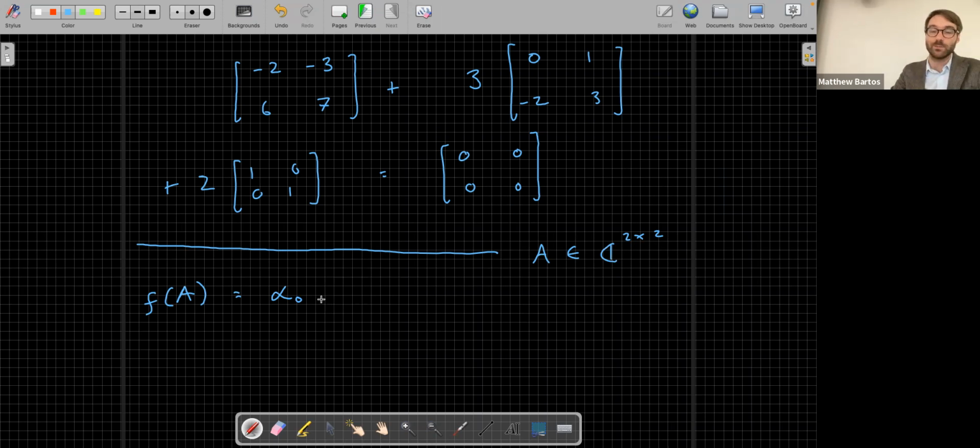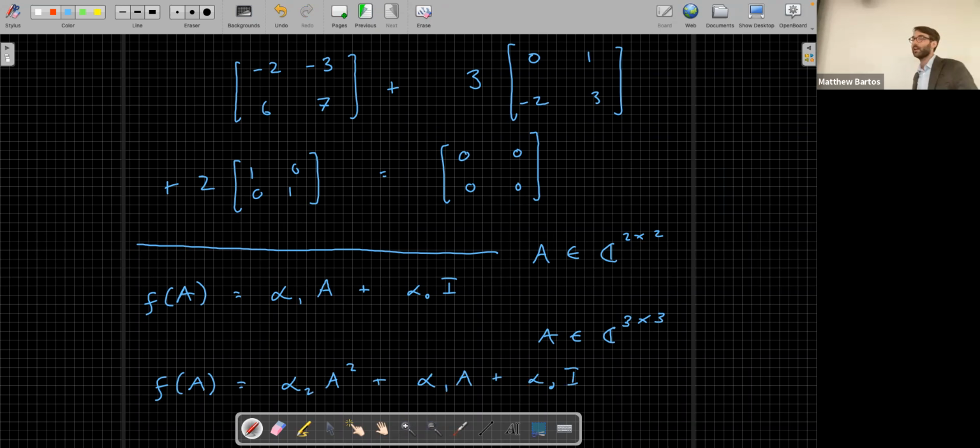So for a 2 by 2 matrix, this would be alpha 1 times A plus alpha naught times I. For A in C 3 by 3, any matrix function can be written as alpha 2 times A squared plus alpha 1 times A plus alpha naught times I. In some cases, this provides a really easy way of computing matrix functions that's actually used in some numerical solvers. Unfortunately, I don't have time to cover it today, so I think we are just about out of time.